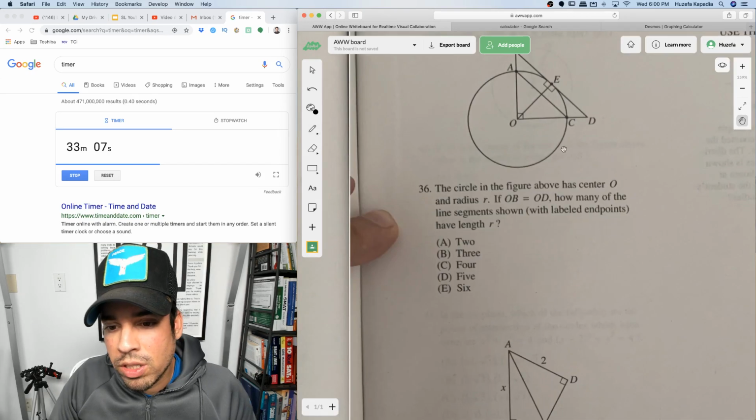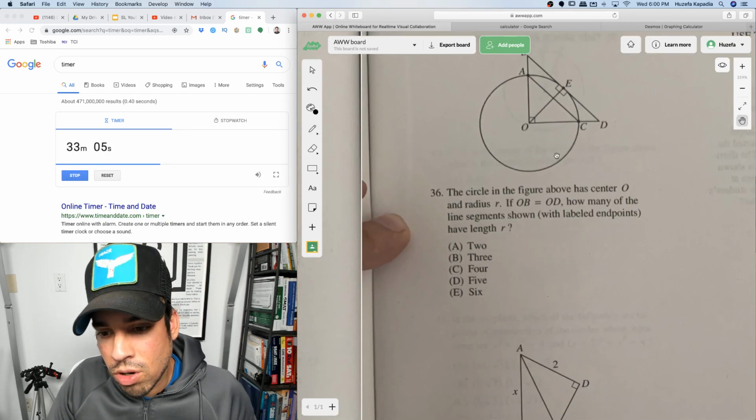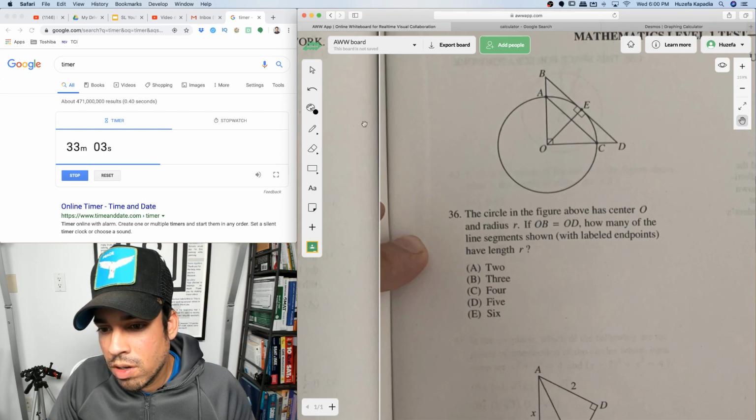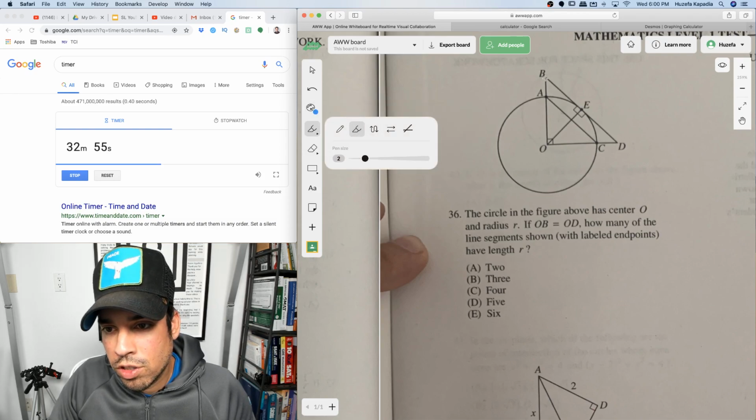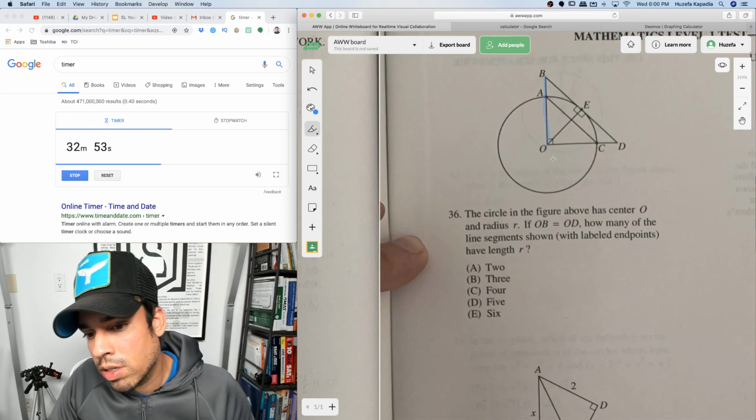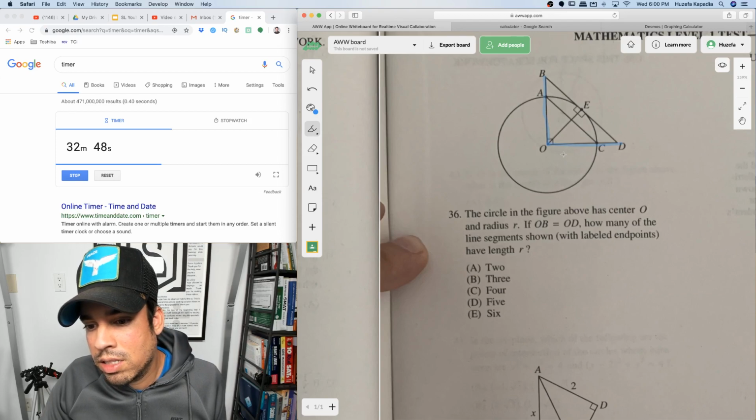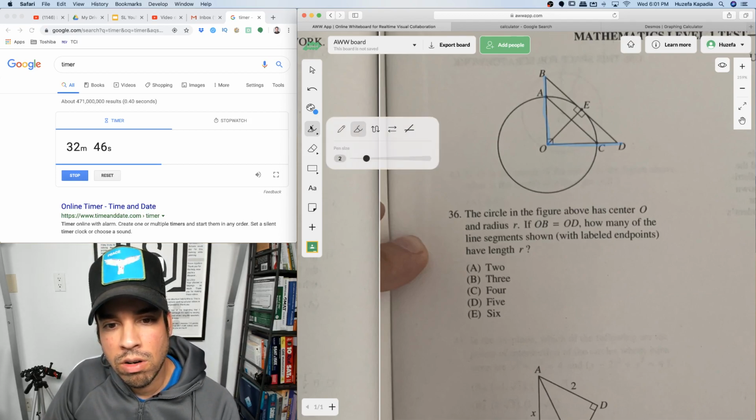This doesn't make sense because circle in the figure above has center O and radius R. If OB, I'll highlight it, just because it's hard to show these are equal otherwise. OB and OD are congruent or equal. How many of the line segments shown have length R?